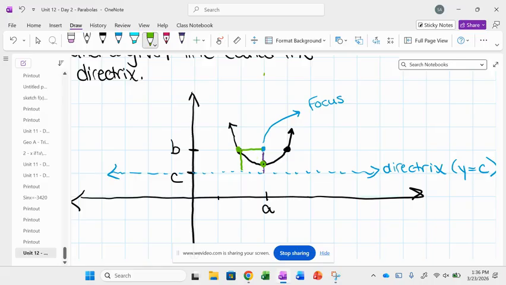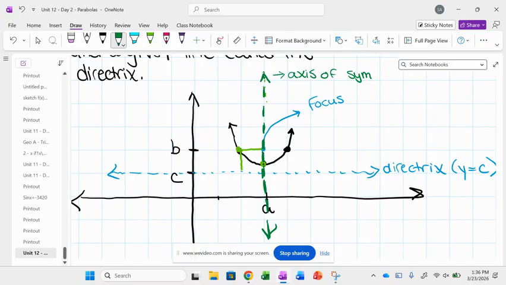And it's a vertical line, so it's x equals the x coordinate of the vertex. And what happens with the axis of symmetry? It creates mirror images on either side.